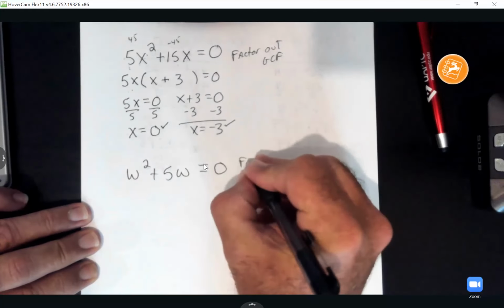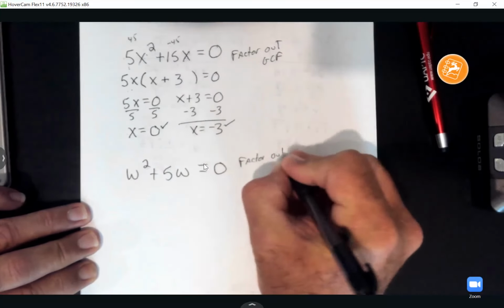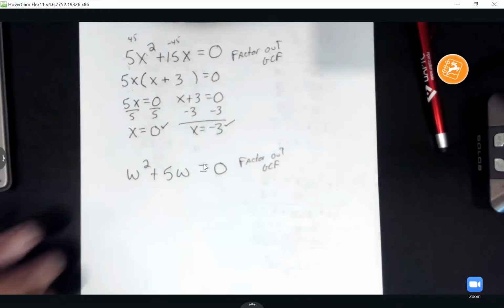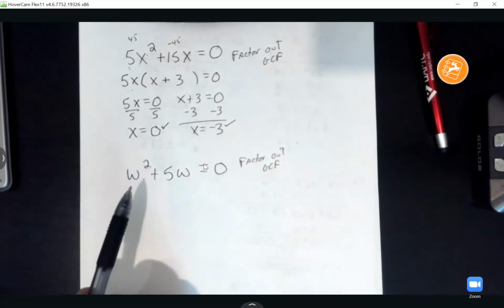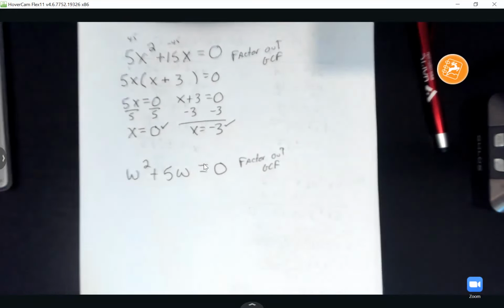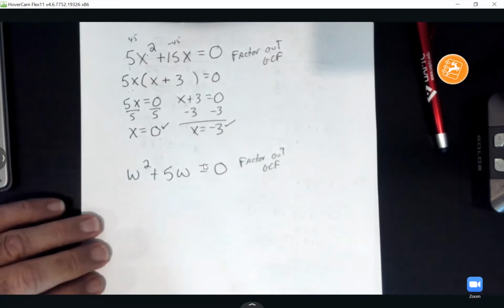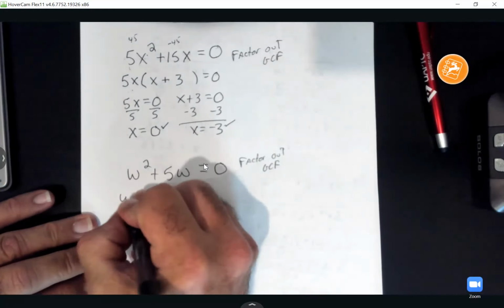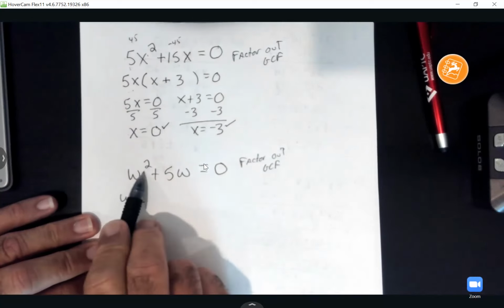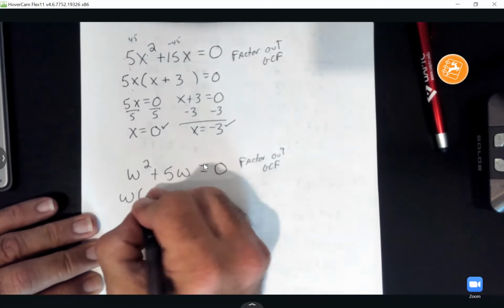Now remember, two terms both have a w. So what you want to do to that is factor out the greatest common factor. So what's the biggest thing that a w squared and a 5w have in common? Well, they don't have numbers in common. w. A w, there you go. So if you take a w out from the w squared, you're left with a w.